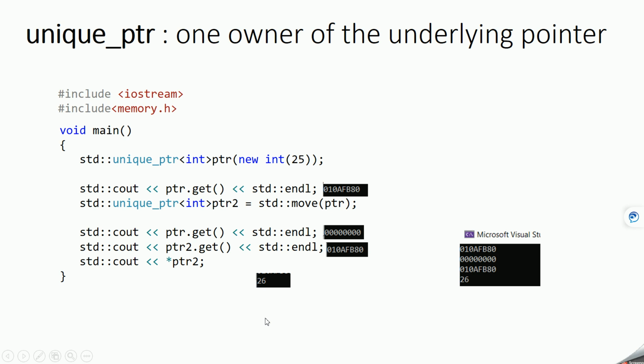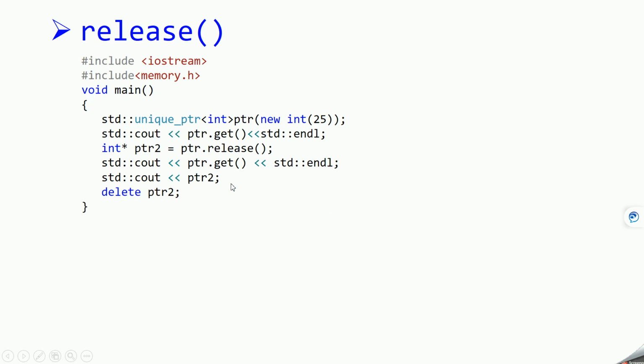Let's see some of the functions of this unique pointer. The first function is called release. Release is used to release the memory that is owned by this ptr. In this case, ptr is pointing to some memory, and when you want to release that memory, at that time you can use ptr.release.